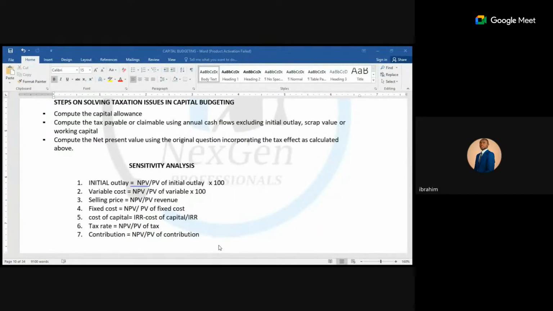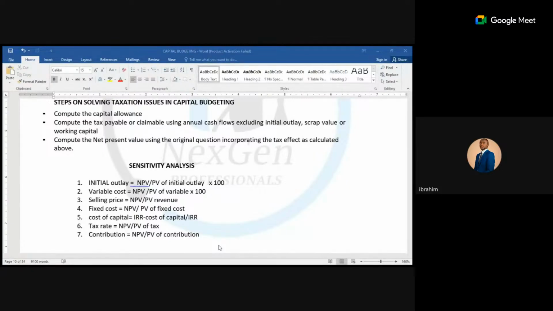The interpretation is that you should not allow this variable cost to increase more than 20%. If not, the NPV will become what? Zero or negative.